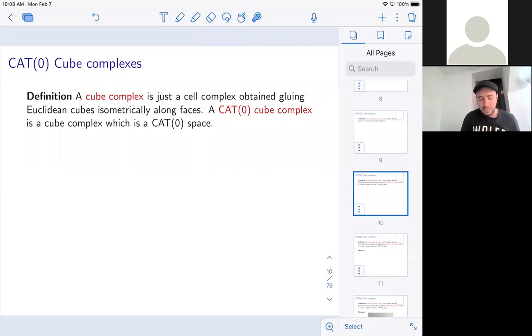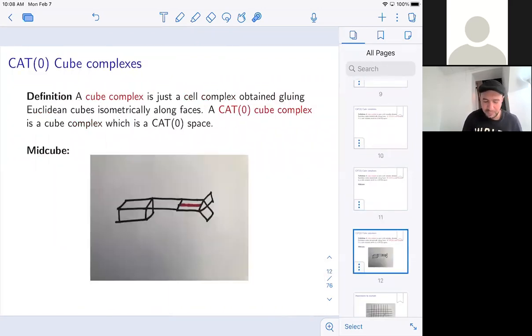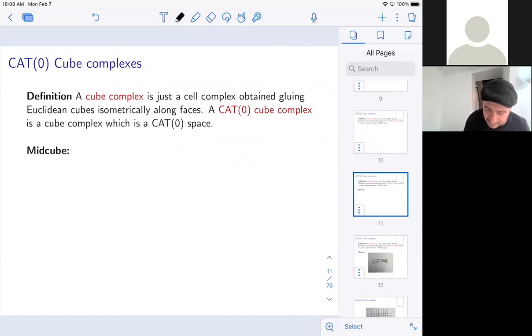Now, as we just discussed, you have Euclidean cubes in CAT(0) cube complexes. Given a Euclidean cube, we can define a mid cube.